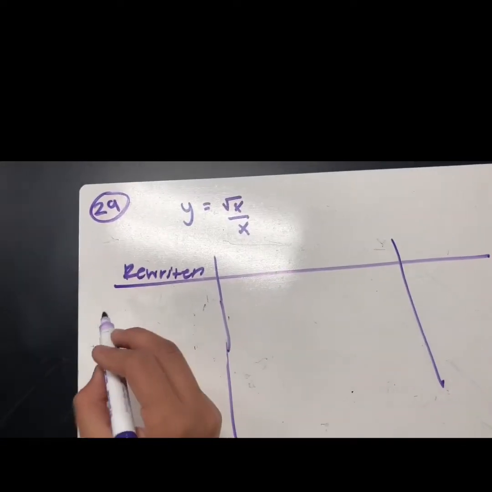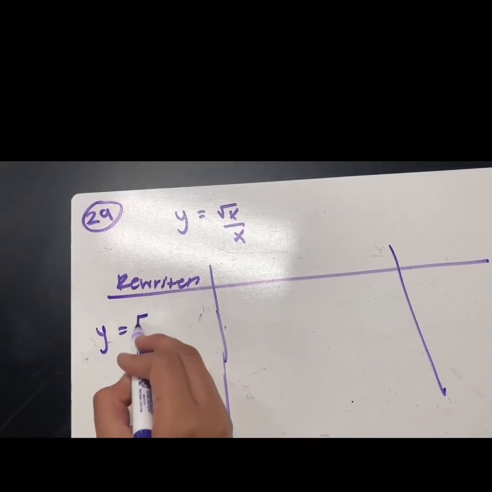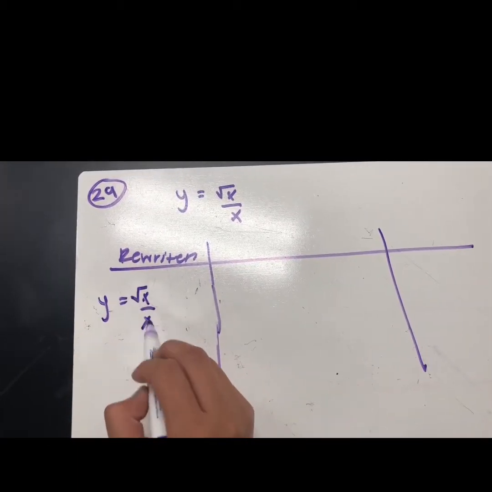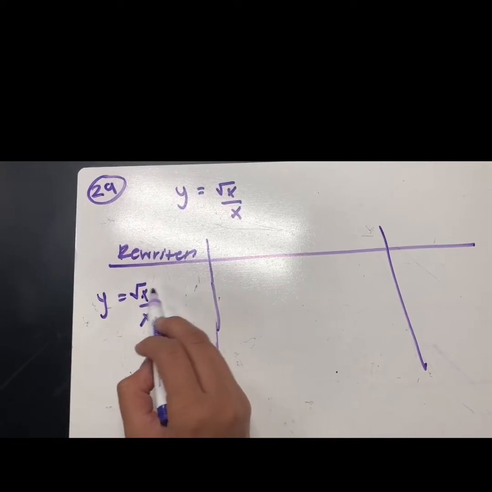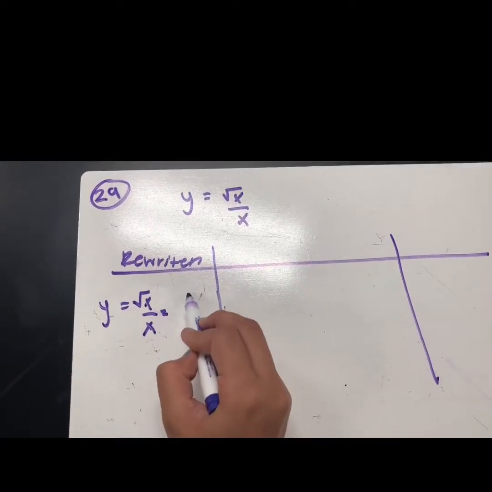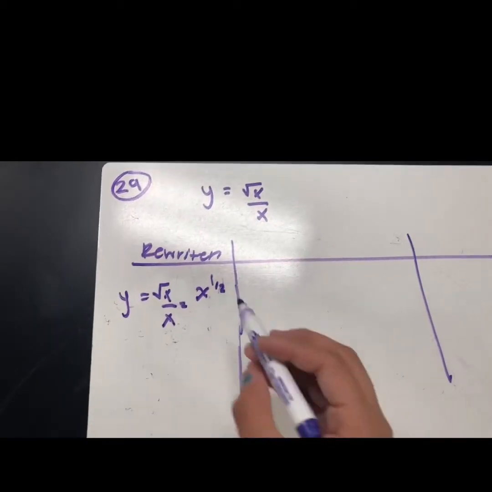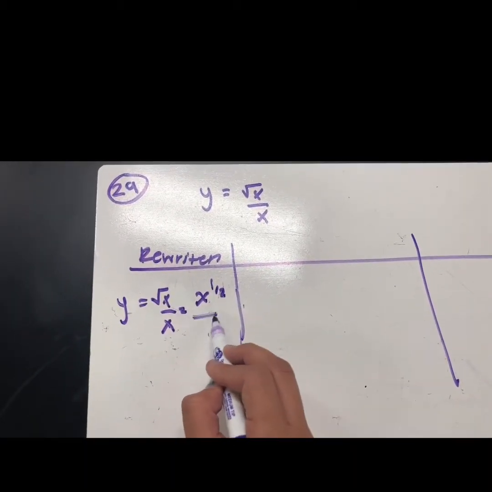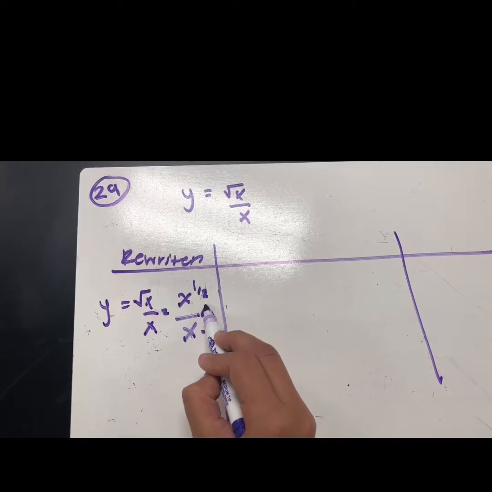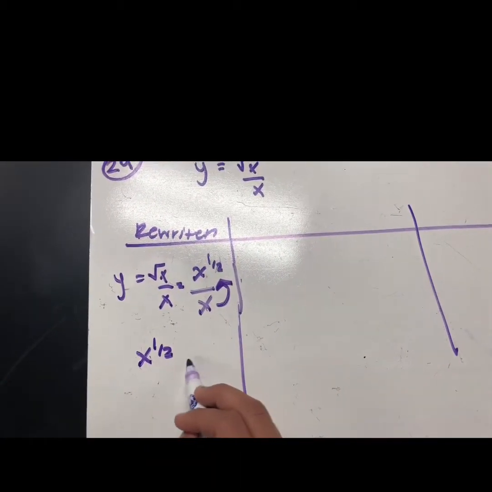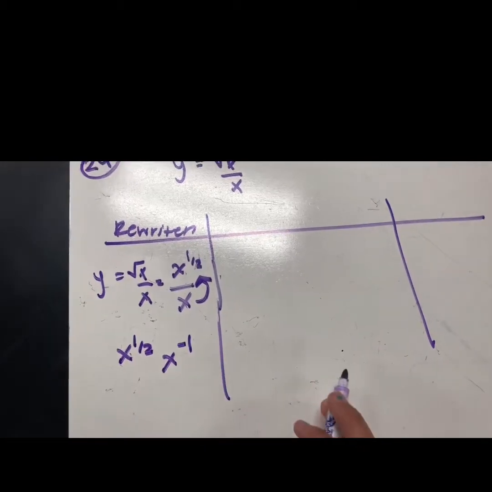So when we rewrite it, we can write y is the square root of x over x, but we have to get rid of the square root and we have to bring the denominator up to the numerator. So then the x can become x to the 1/2, and then we can also do it over x. So when we bring the x to the numerator, we have x to the 1/2 times x to the negative 1.